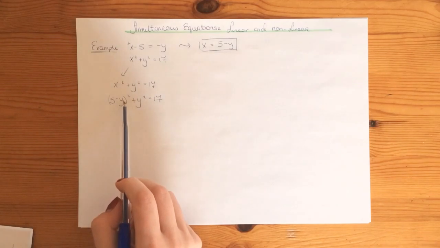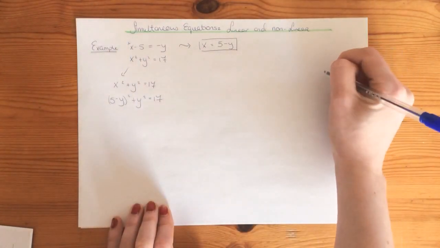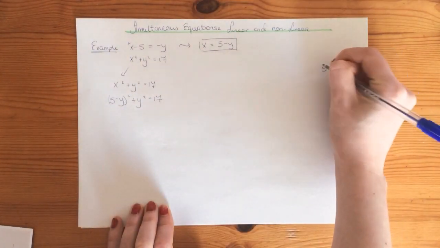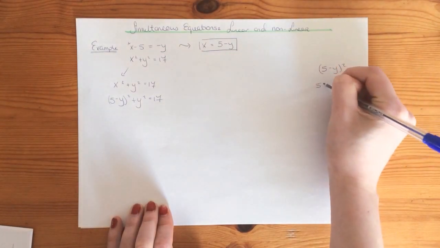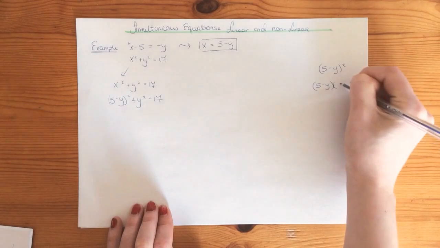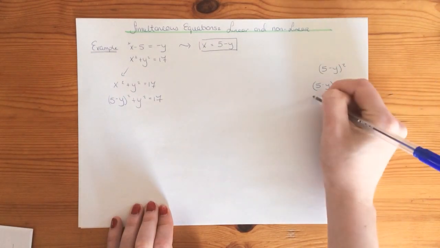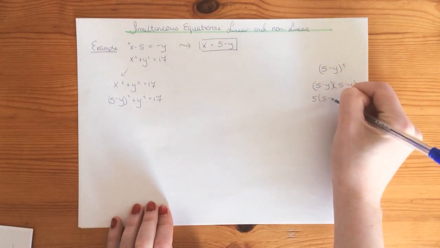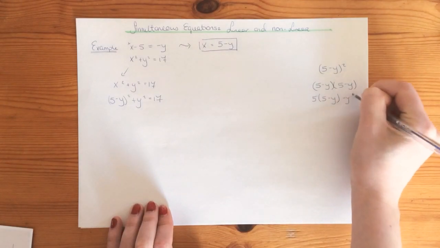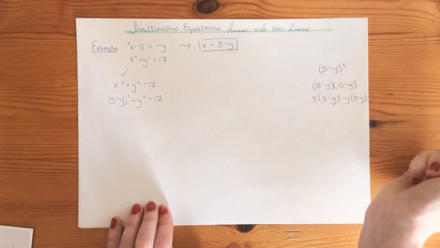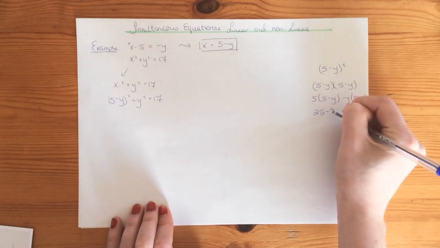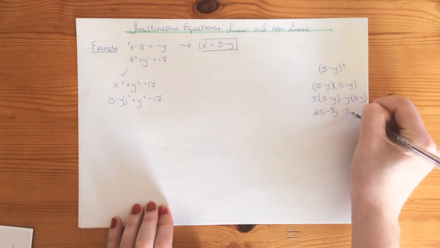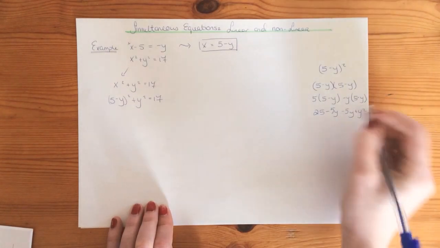You need to multiply out your double brackets. If I was you, I'd go off to rough work to do that. 5 minus y, all squared, is the same as 5 minus y times 5 minus y. So multiply out your double brackets: 5 times 5 is 25, minus 5y, minus 5y, plus y squared.